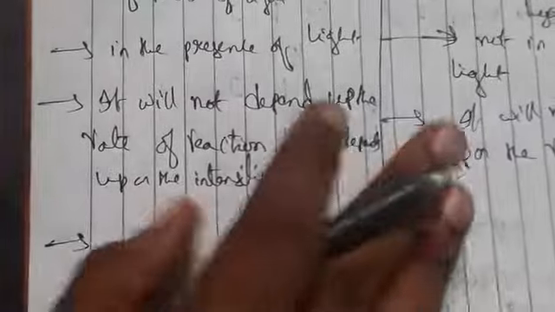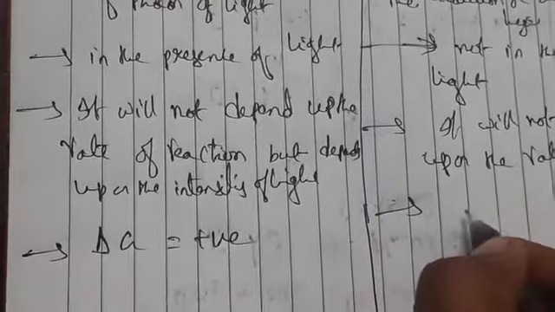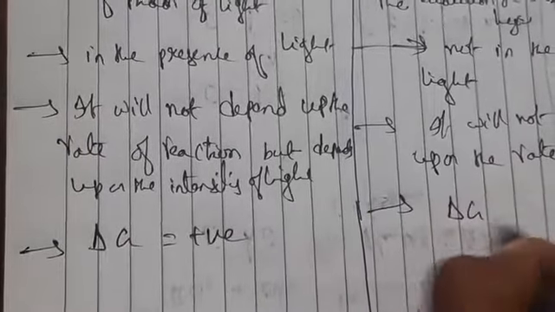And one more thing, what is the difference? The free energy change in a photochemical reaction need not be negative; delta G can be positive, whereas in a thermochemical reaction delta G will be negative.